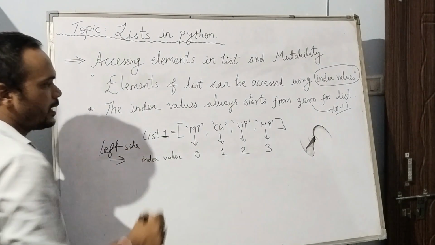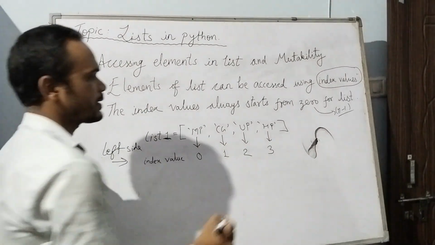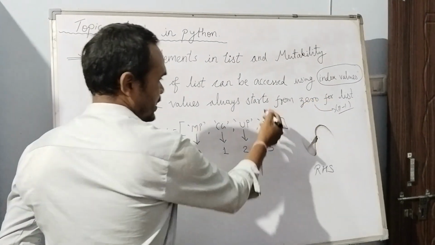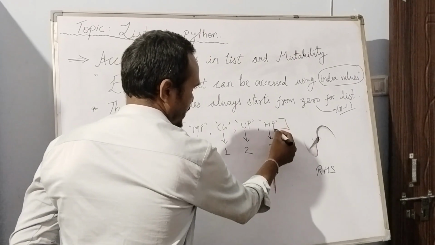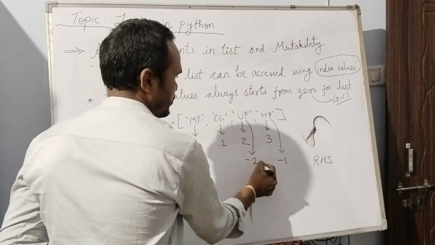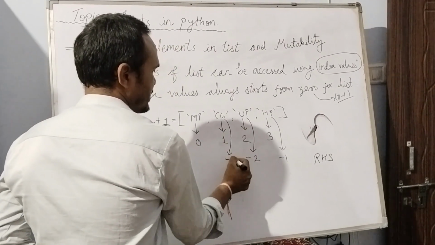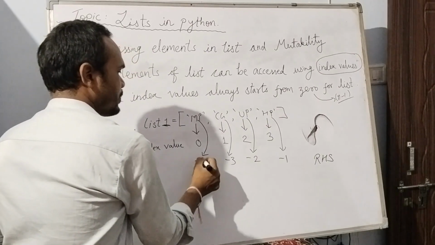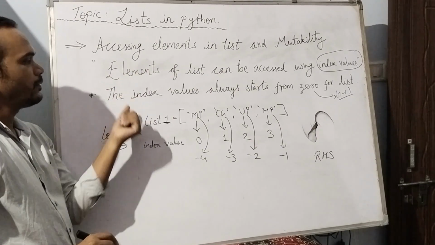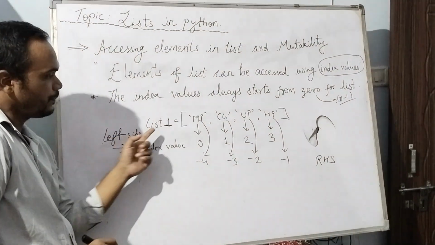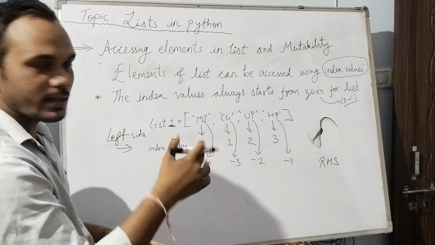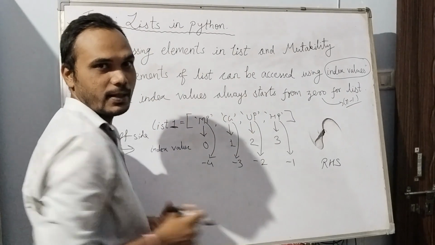When I ask the same concept from the right hand side, the RHS, it will be treated as minus 1, minus 2, minus 3, and minus 4. Clear? So when we talk about accessing from the left hand side, it starts from 0, 1, 2 and so on. But from the right hand side, it starts from minus 1.